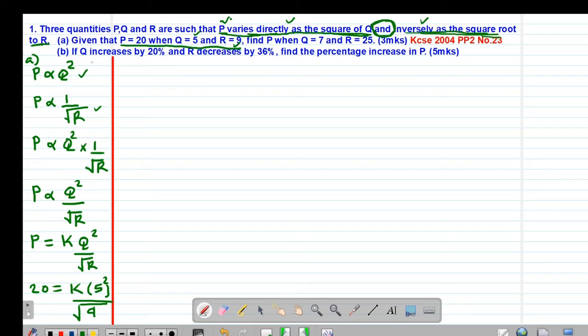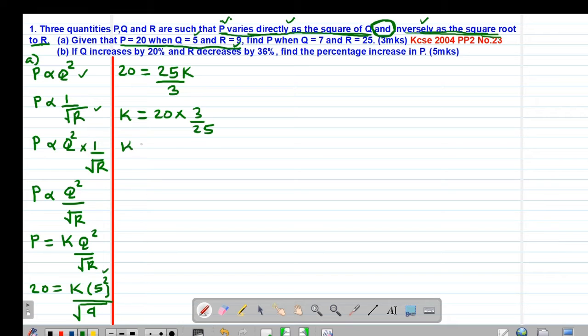So this is going to give me 20 is equal to 5 squared, which is 25, therefore I'll have 25k, then divided by the square root of 9, which gives me 3. Therefore, if I want to find the value of k, I simply multiply both sides by the reciprocal, so k will be equal to 20 multiplied by the reciprocal of 25 over 3, which is 3 over 25.